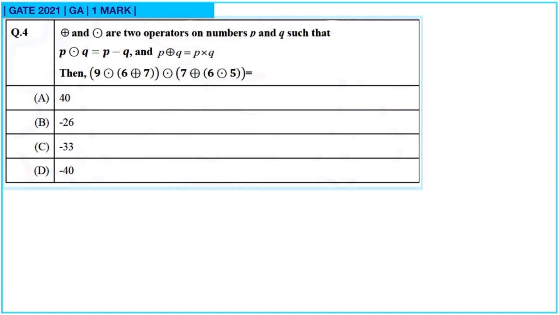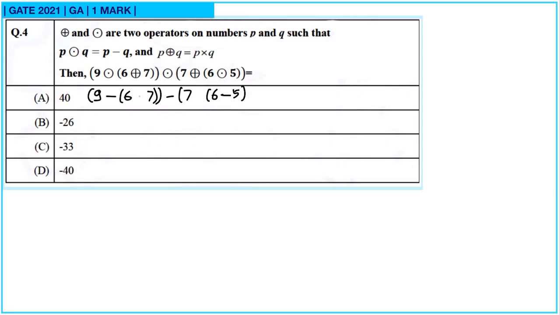Question number 4. These symbols are two operators on numbers P and Q such that P circle Q is equal to P minus Q, and P plus sign Q is equal to P into Q. Then what will be this? So let us write all the things and then we'll replace it. So this sign means minus, so here it will be minus and here minus.